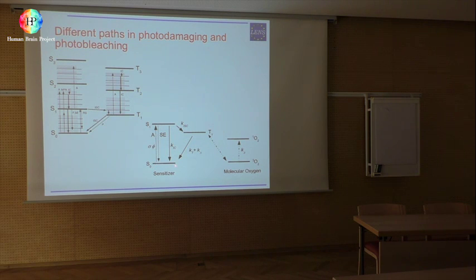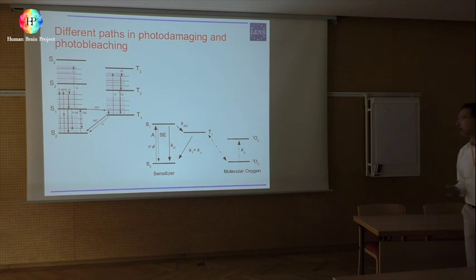In other words, you make a one photon process, or a two photon process, but instead of going down, it goes to another state called a triplet state, which is the state over which you have photobleaching and photodamaging in a sample. But these states can have a transition to singlet oxygen. It's like photodynamic therapy, for example.